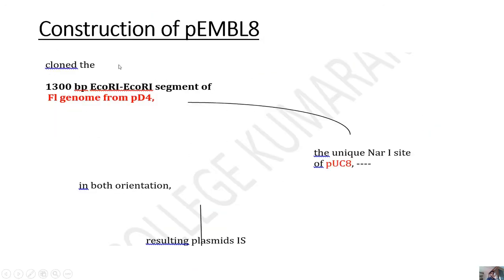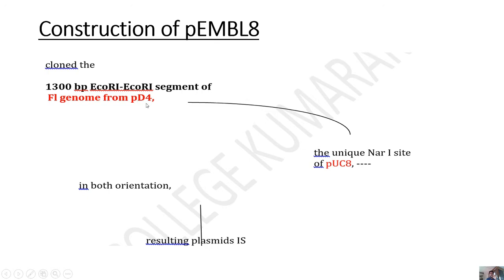So coming to the construction of pMBL8. This is a kind of pMBL vector. For the construction of that, you have to excise a 1300 base pair fragment from the F1 genome. Actually, you are getting it from the pD4 vector.